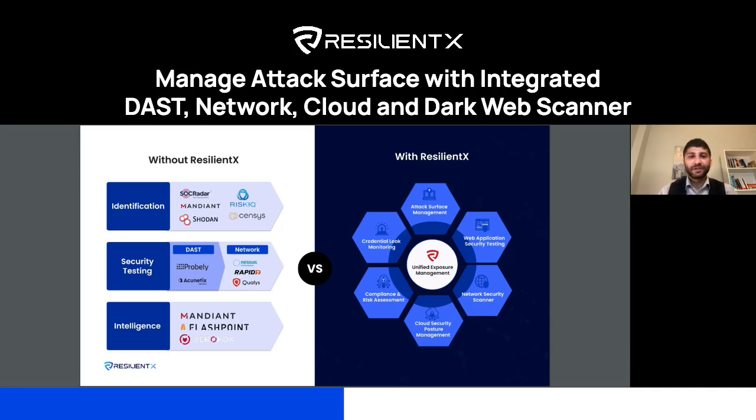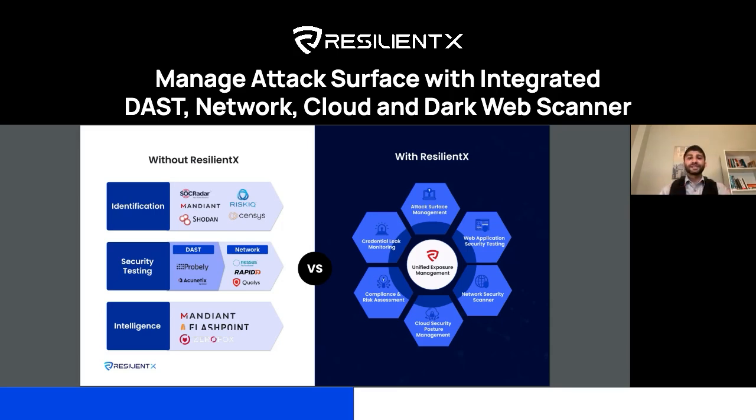There are very verticalized solutions to test, for example, web applications or network security, help you identify your assets, or provide you some intelligence. Unfortunately, these tools are not connected together. They don't integrate together seamlessly, and of course, that creates a very bad operational practice for companies.